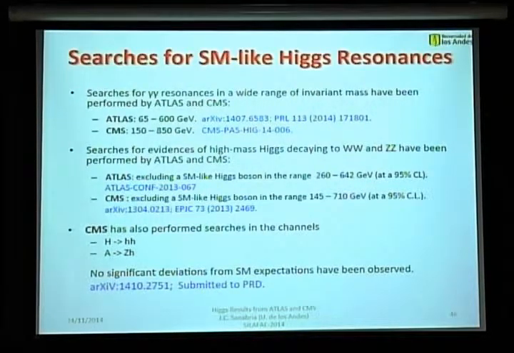In the case of the WW and ZZ, ATLAS covers 260 to 642, and CMS between 145 and 710, and also the possibility of heavy Higgs decaying into two Higgses, or this other one, the pseudo-scalar decaying. But as you know, no significant deviations from standard model expectations, no clear signal observed.